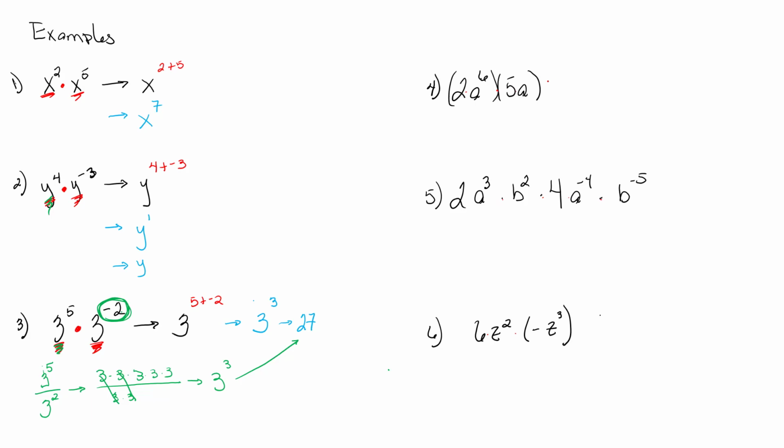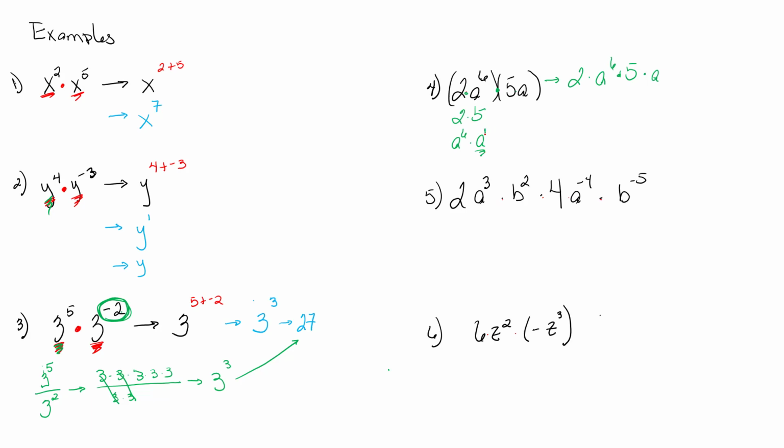Now, on problem number 4, notice I have 2 parentheses and I'm multiplying. And inside I have multiplication problems as well, which means I could really write this as 2 times a to the 6th times 5 times a. Now, here's the deal. This is them getting us to do 2 problems in one. This is them getting us to multiply the numbers together and then multiply our variables together. By the way, this second a doesn't look like it has a power, but it does.